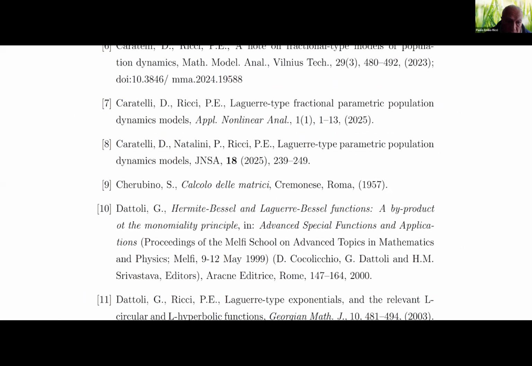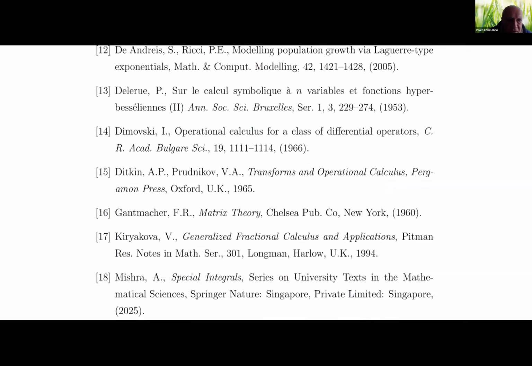And this is important, the book of Cherubino, in which the formula using the contour integral is used and shown. And these are the preceding papers by Dattoli, and also this one in which the Laguerre-type parametric operator is also introduced, an idea of Dattoli, of course.